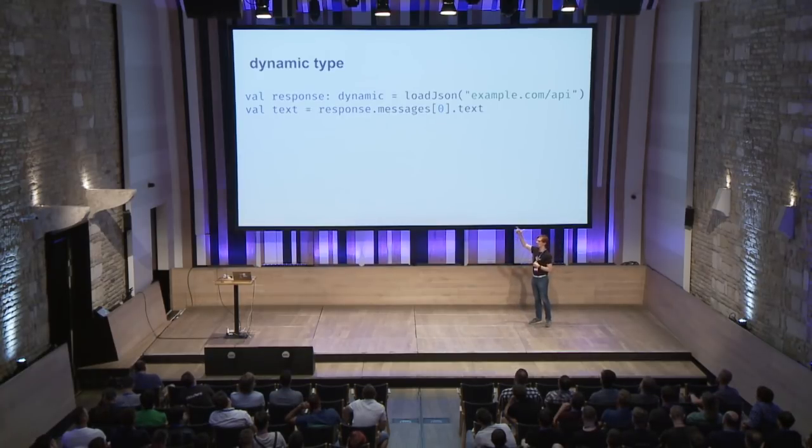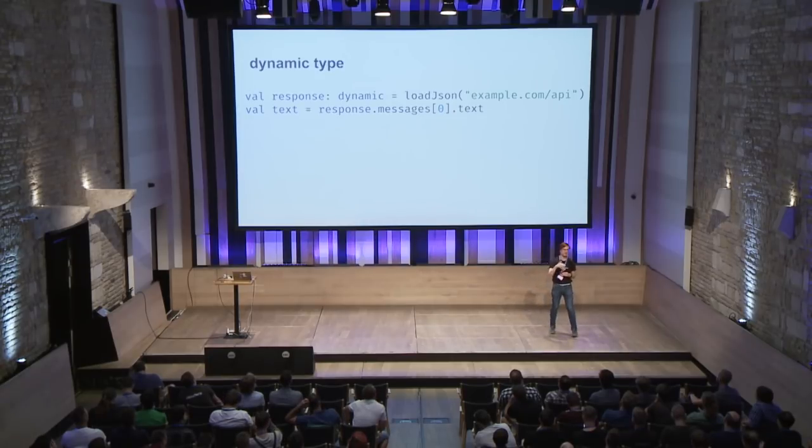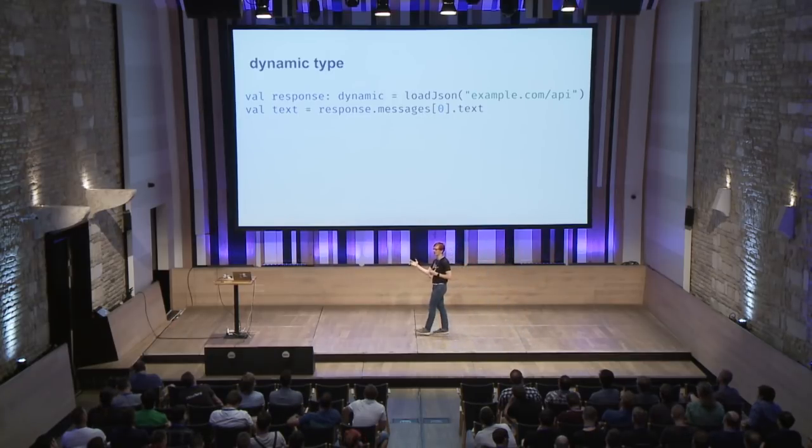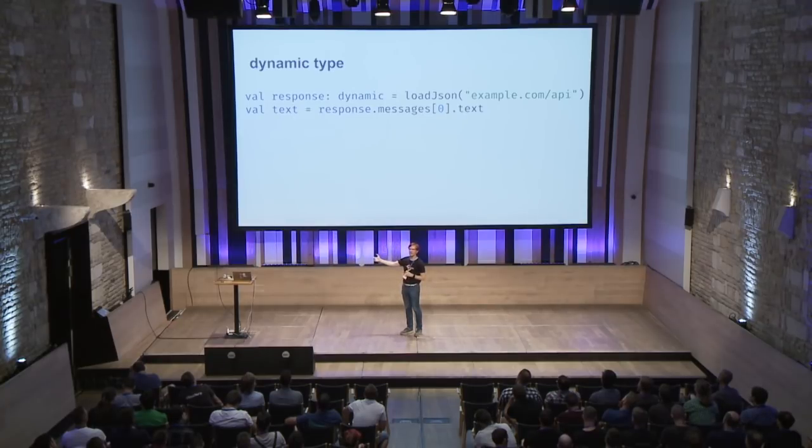In this case, I'm just taking the result of calling some API that gives me back a JSON. And I do not want to describe the schema of this JSON statically. I'm just too lazy for that, or it's too dynamic. And so I declare this as dynamic, and then I can just access .messages and .text. And I don't need to declare these .messages and .text anywhere.